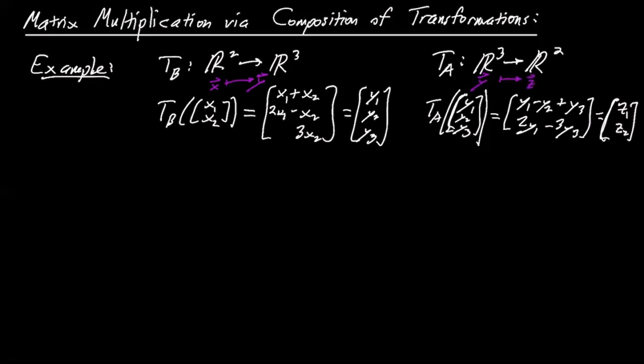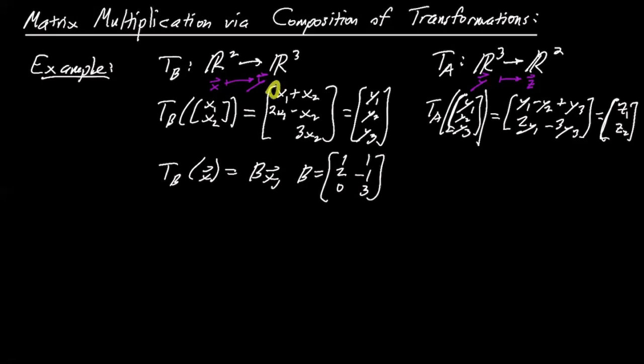And we can also rewrite these as matrix times vector, right? So we could write TB of x is the matrix B times x, where B is the matrix whose columns are 1, 2, 0, 1, minus 1, 3, just looking at the coefficients that we have here.